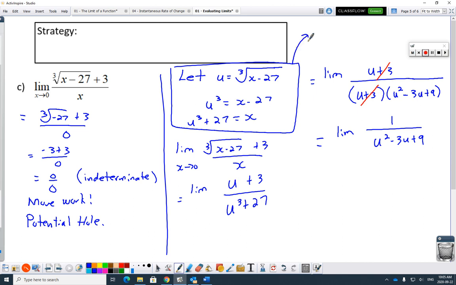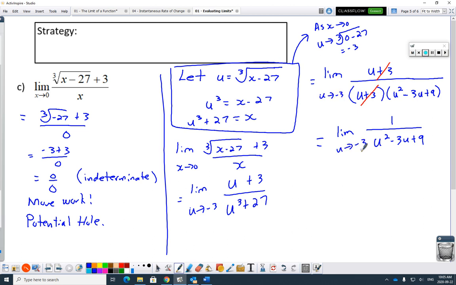So this should be part of the box here: as x goes to 0, u must go to the cube root of 0 minus 27, which is negative 3. You just take the x value they want to sub in, sub it into your u, and you find out what u has got to head towards. So the u in this case has to head to negative 3.